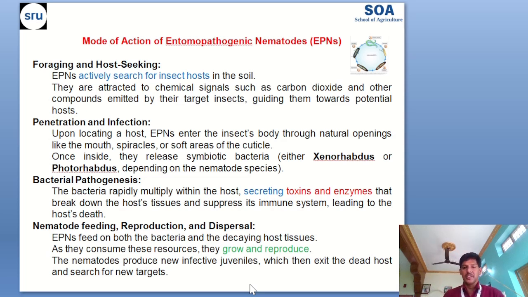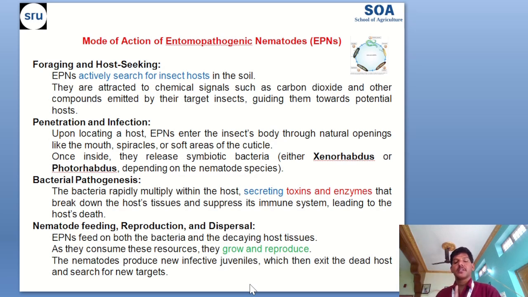Bacterial pathogenesis: the bacteria inside the host develop and multiply rapidly, secreting toxic enzymes and toxic material that break down the host tissues and suppress the host immune system, leading to the death of the host.